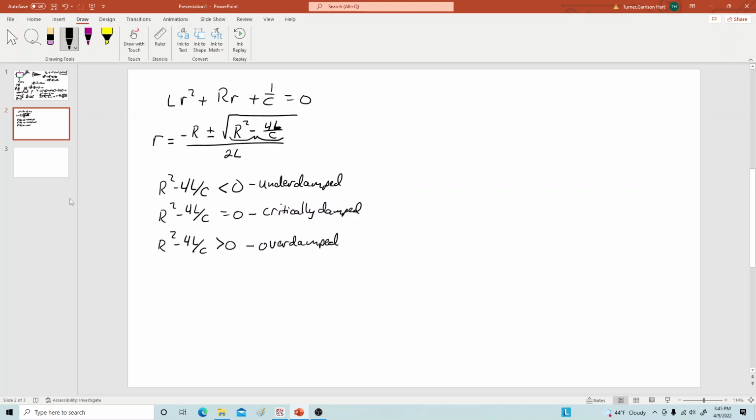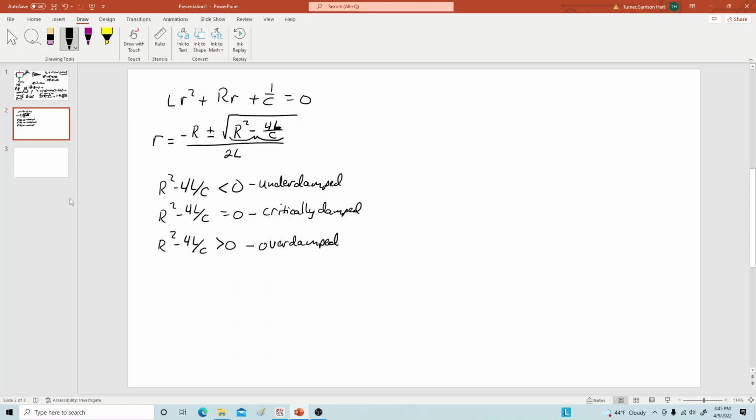Underdamped is oscillations where you have some resistance but not enough to overcome after one cycle, so you'll get oscillation but with an exponential decay. Critically damped, you'll just get an exponential decay. And overdamped, you get more than just a simple exponential decay, but you don't get any oscillation. So that is the way that these solutions work.